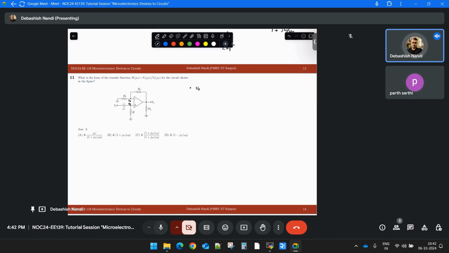So your Vx is equal to V in times R by R plus 1 over SC. This I am writing from this voltage division. So this will be Vi times SCR over 1 plus SCR.